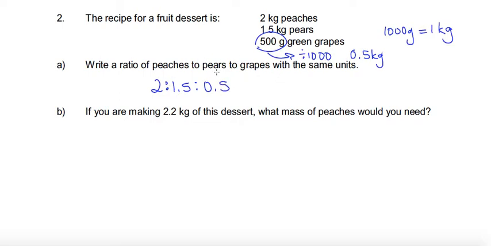Now I'm going to use those values to come up with the mass of peaches that I need. So I'm going to do the peaches to the total. I don't actually need to know how much is going to be in my other ones.